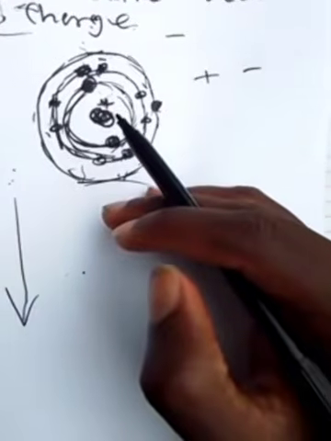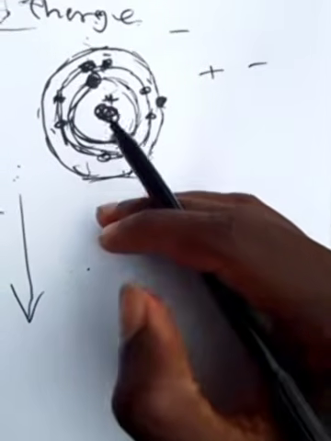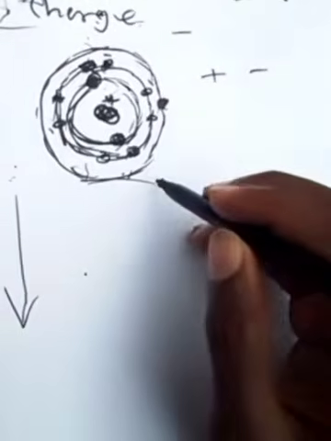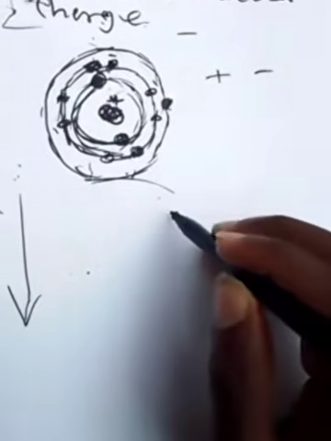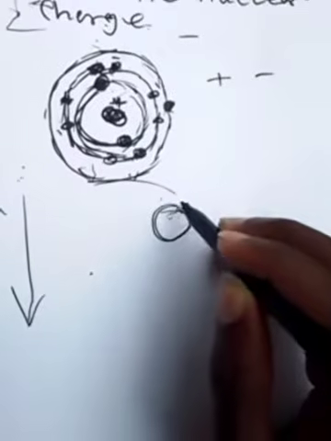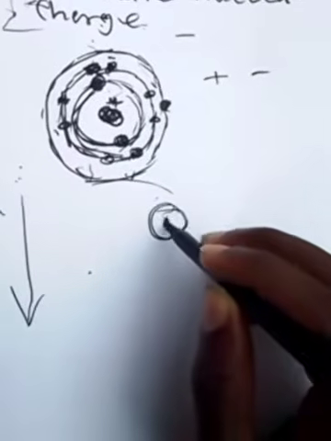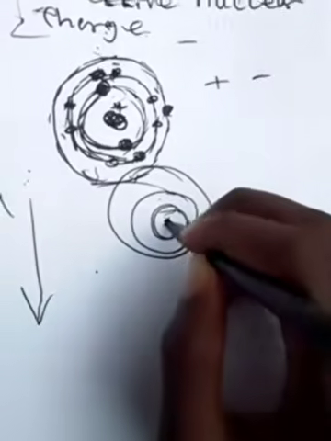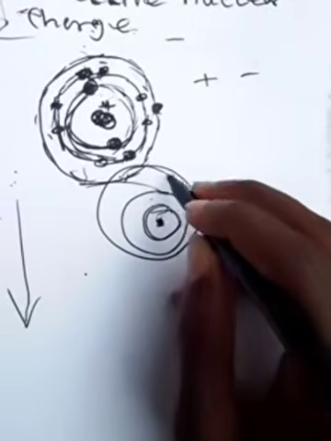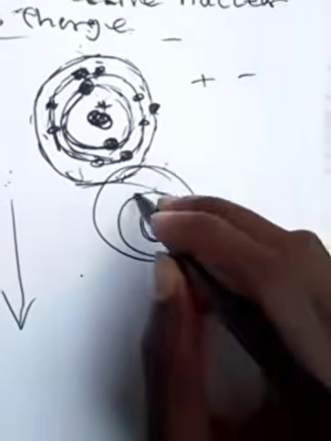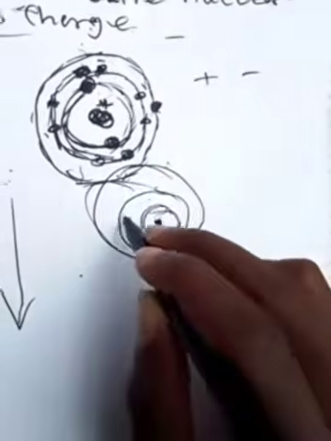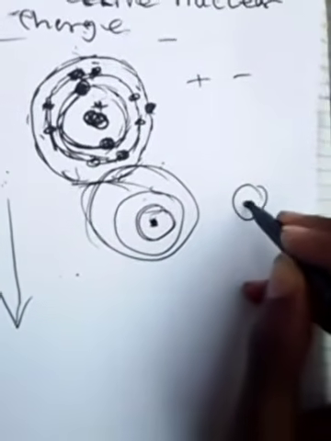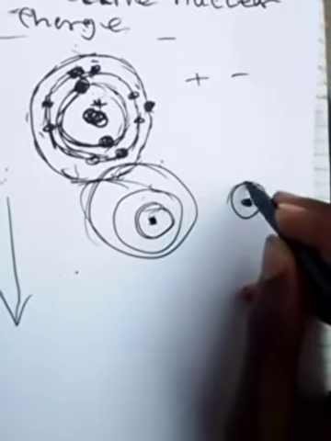So now look, as we go downwards, the number of periods is increasing, right? And the number of periods represents the number of shells. So as we go downwards, the number of shells is increasing. Let's say you have about 3 shells, right? Let's say we have this atom here, and we have another one which has just 1 shell with 2 electrons.